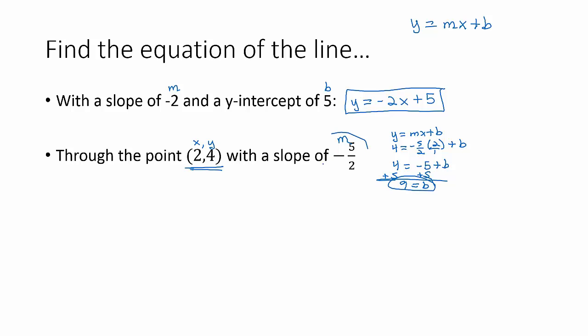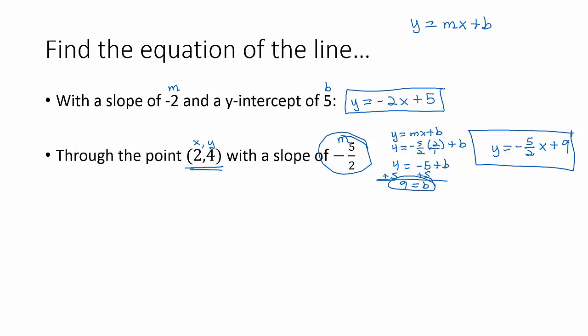We now know the y-intercept, we know the slope, which means we can get the equation y equals m, negative 5/2 x, plus b, which is 9. So just because we don't have the y-intercept doesn't mean we can't find it. It just takes a little more work.